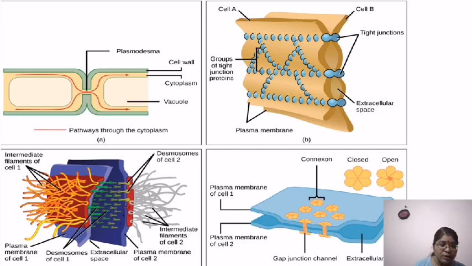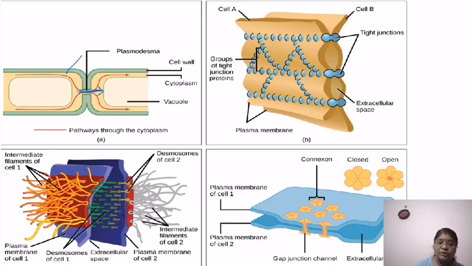Now you can see here this is the cell wall, the green one is your wall. You can see there is a cytoplasmic connection in the cell wall of plants. The primary wall is not present there.